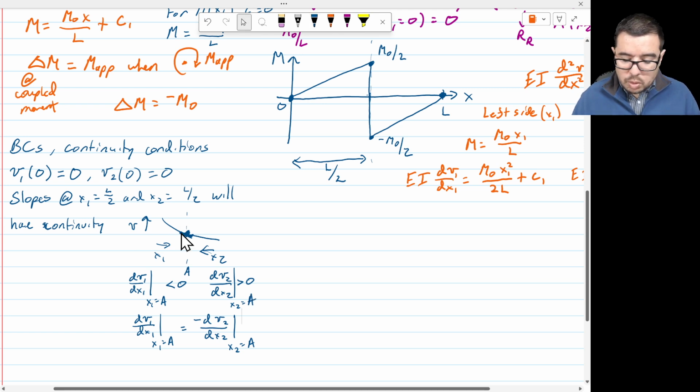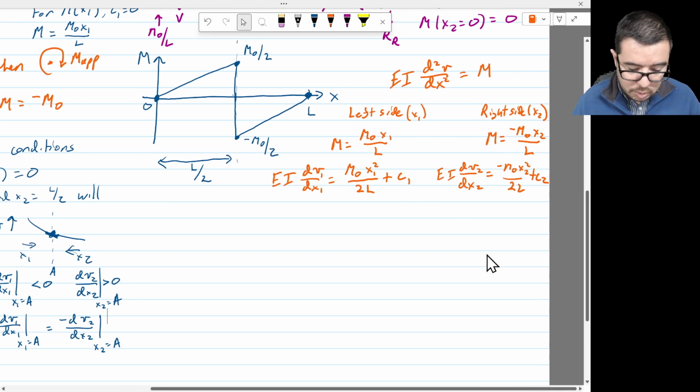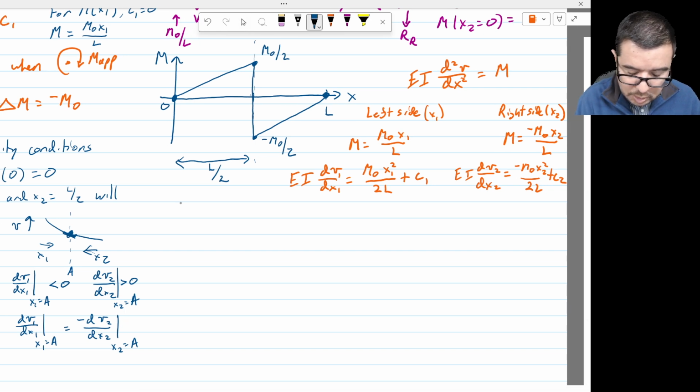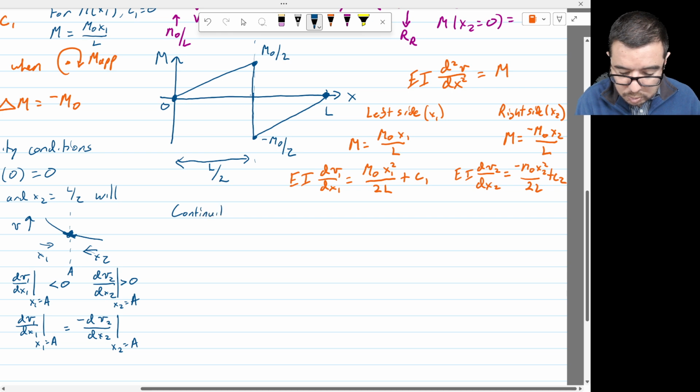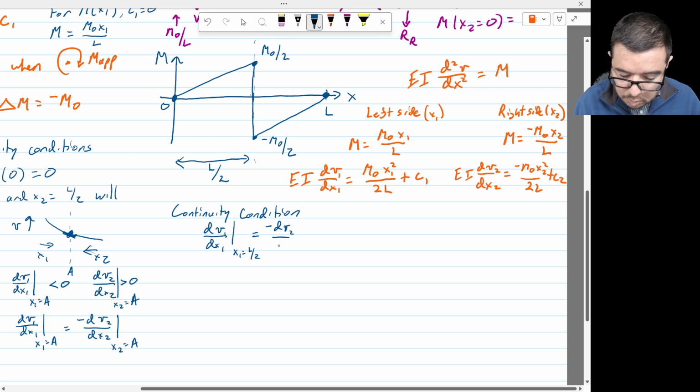Since we're interested in derivatives going from the left and the right, the boundary condition we can use here, or this is more of a continuity condition, is that the derivative of v1 with respect to x1 at x1 equals L over 2 is going to be equal to the negative of the derivative of v2 with respect to x2 at that location.